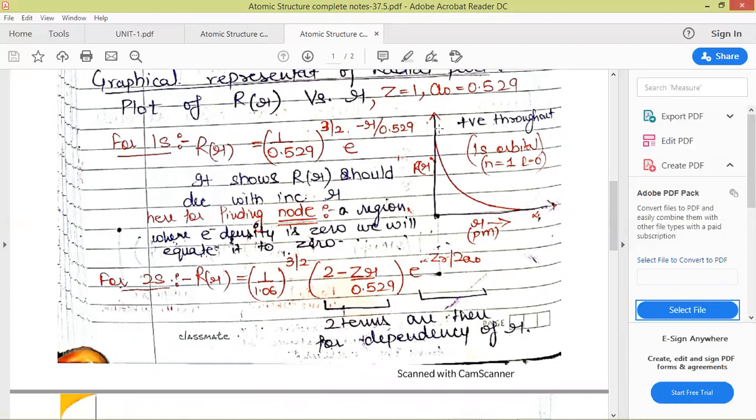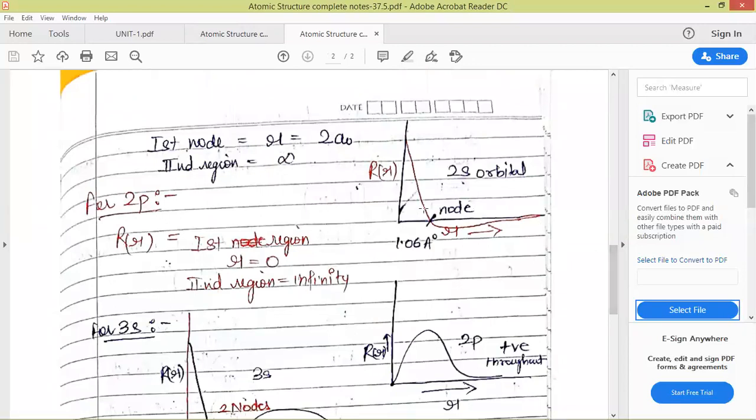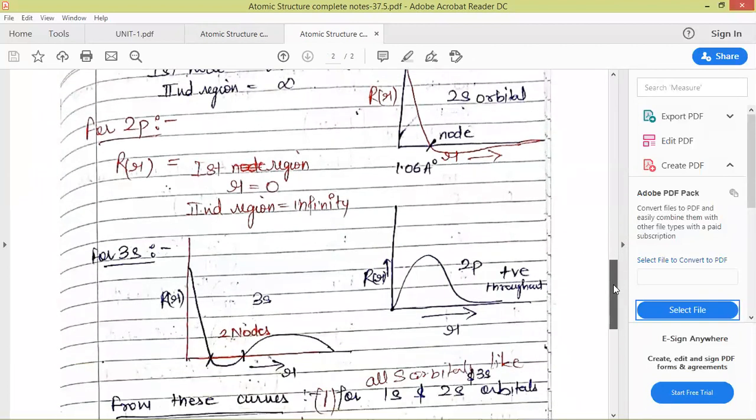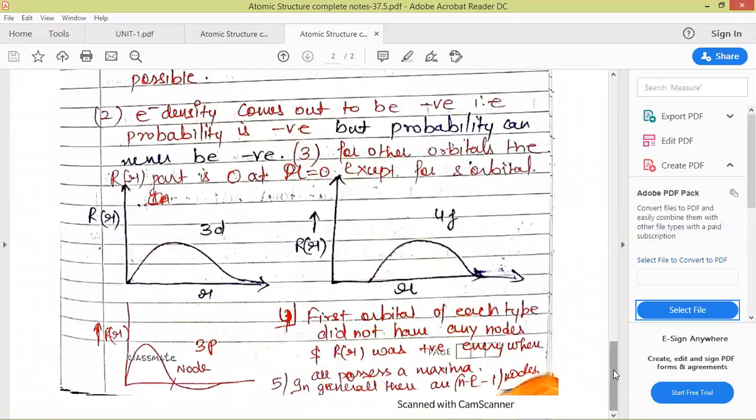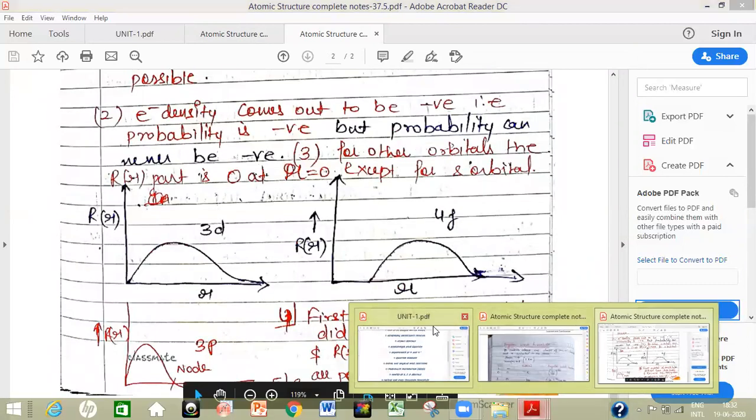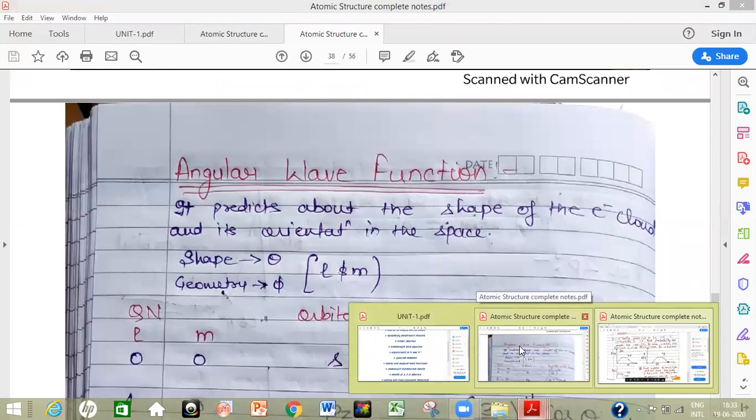What will happen is, this value will remain the same or it will double. That is, the probability of finding the electron at the nucleus has not become 0 even after squaring it. But the problem of negative value has been solved by squaring it. So something else has to be done. There is scope of further improvement. Let us see what we can do. But before that, we'll discuss the angular part.